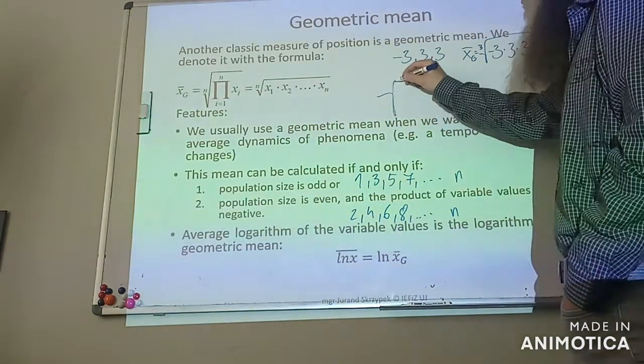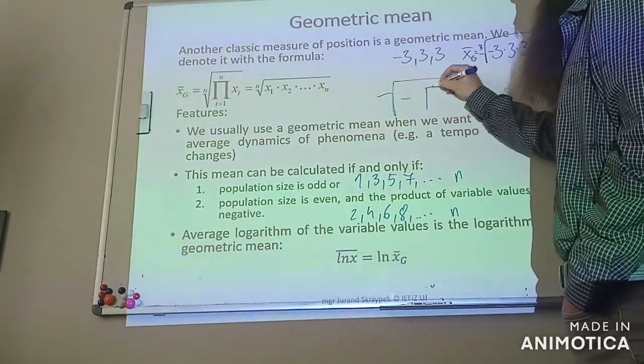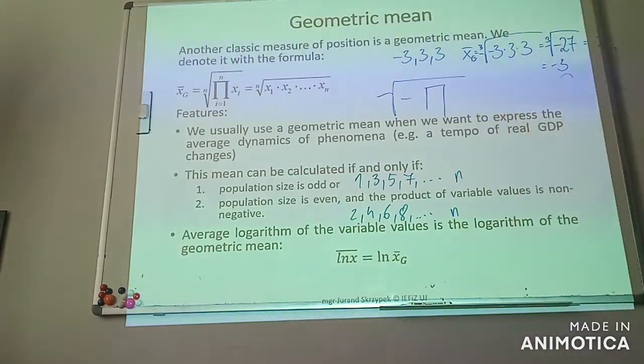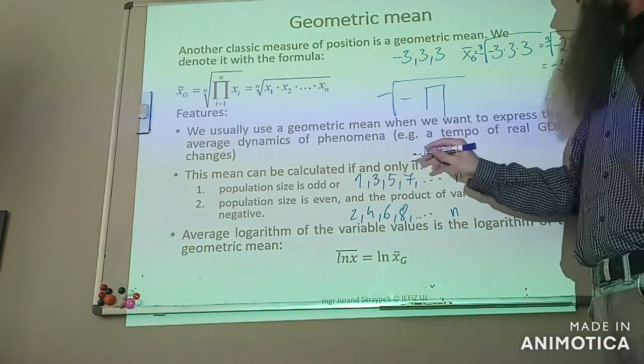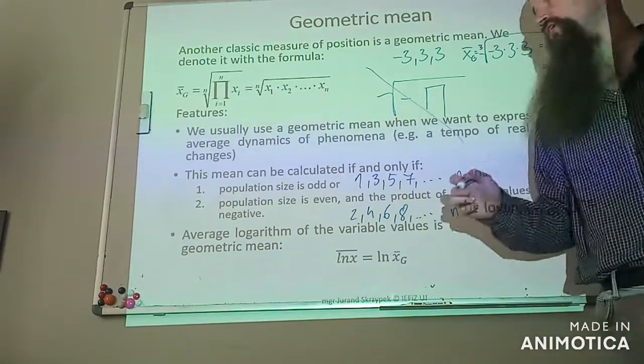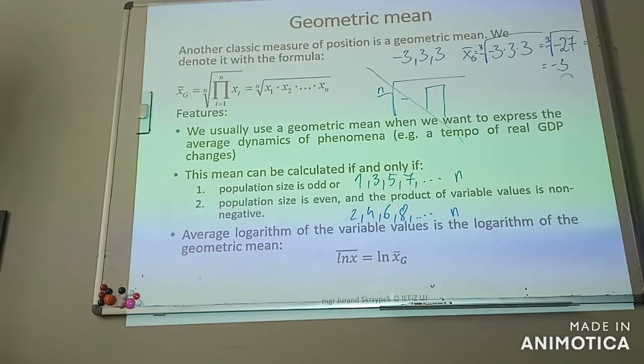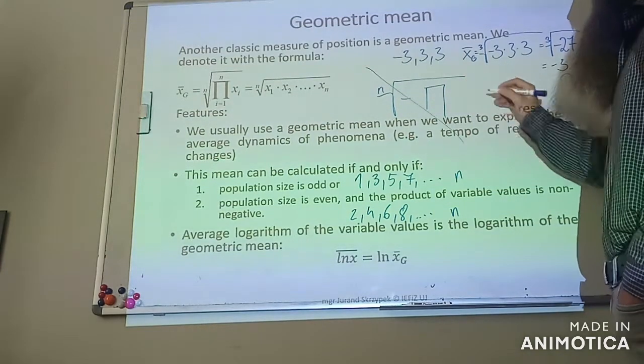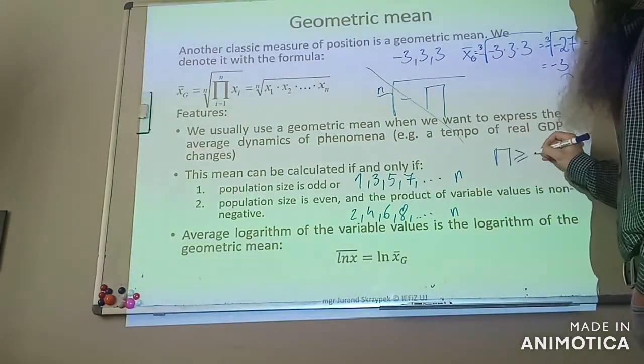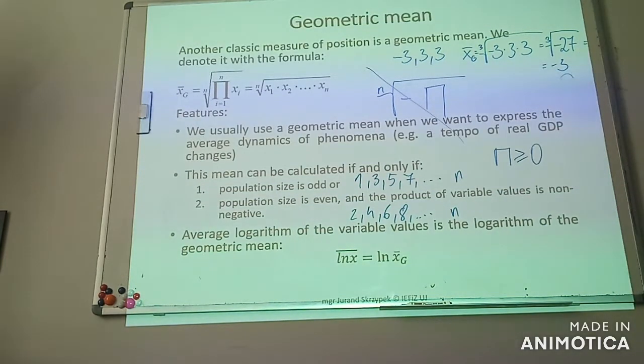We can't compute the root of a negative product if the population size is even. So our product must be non-negative. It means we can have here 0 and positive numbers only.